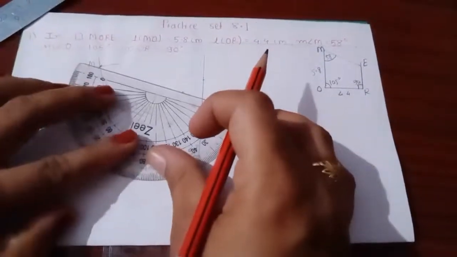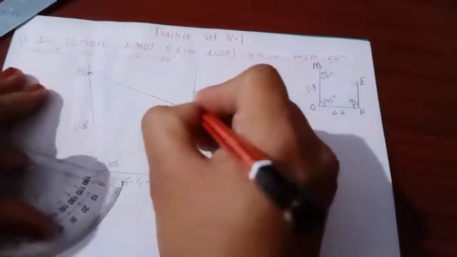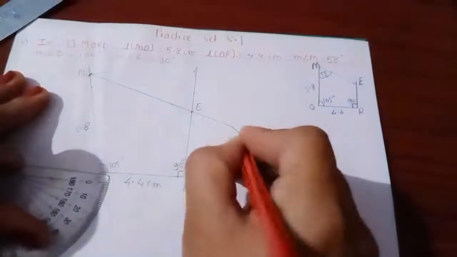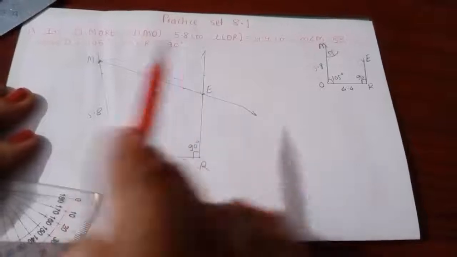Then join with the other point and you get the point E. In this way, we draw the quadrilateral MORE.